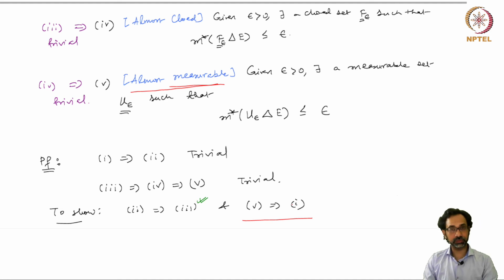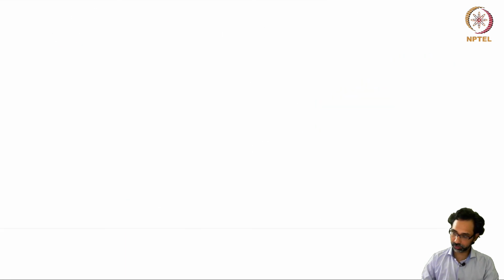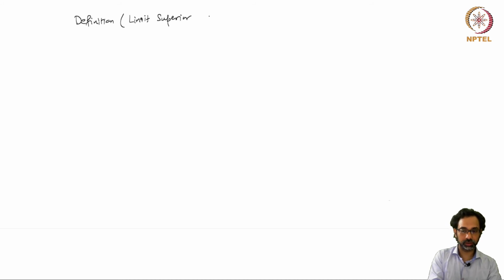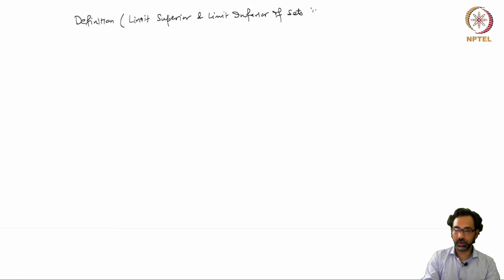So let's try to show that 5 implies 1. For this purpose, we will have to define a couple of new notions. So let me define the notions of limit superior and limit inferior of sets in R^d.